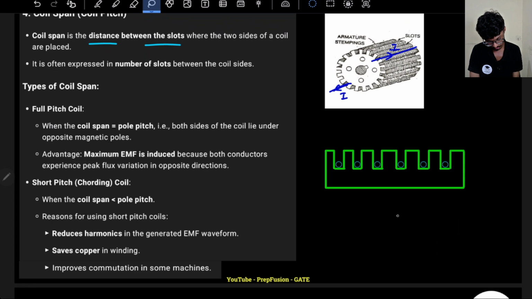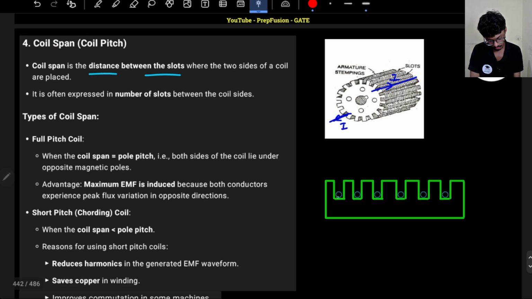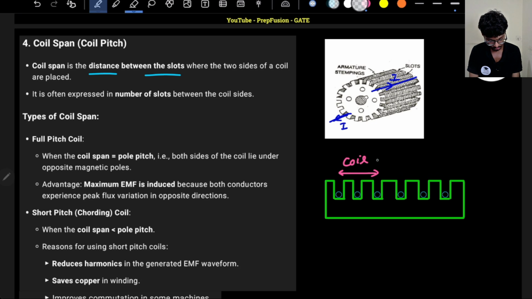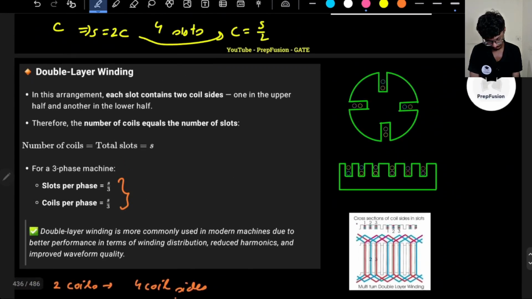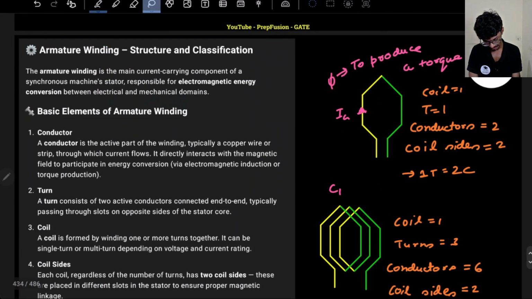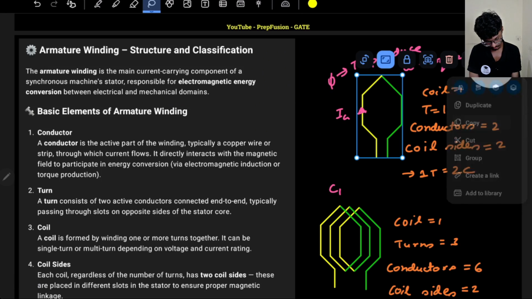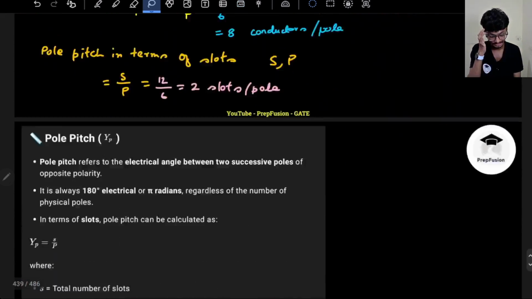So basically, let's say one of the coil sides is placed here and the other coil side is placed here, the angular distance between the two coil sides will be my coil span. Or visually, the distance between the two conductors is also what you can call my coil span.